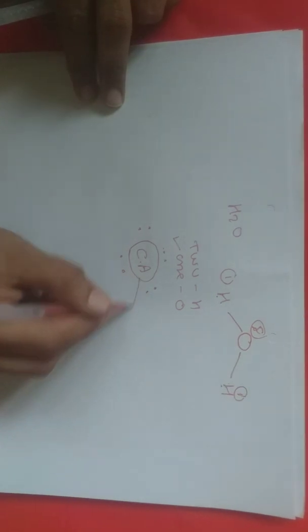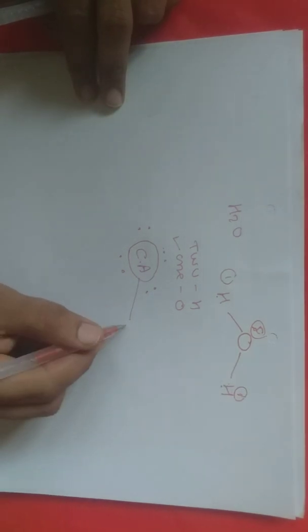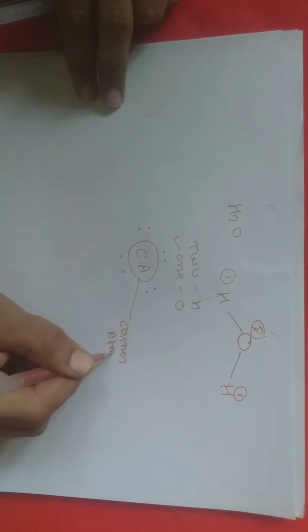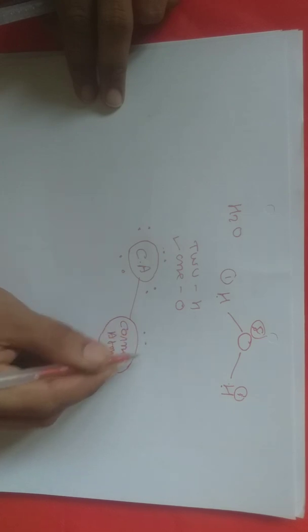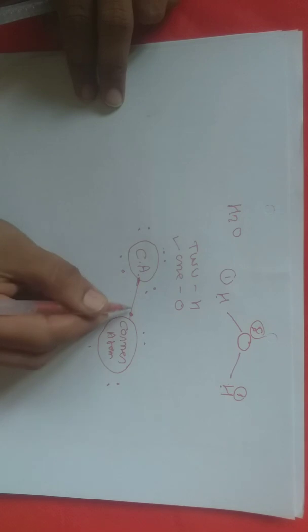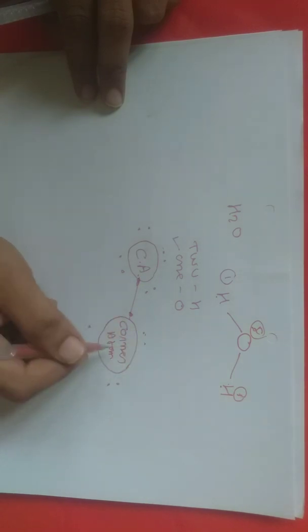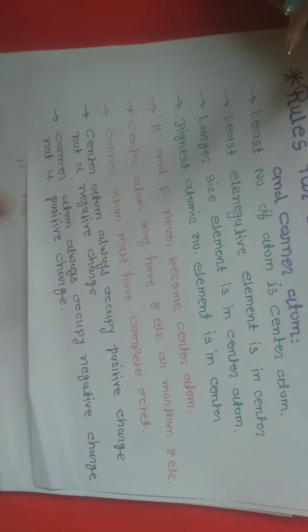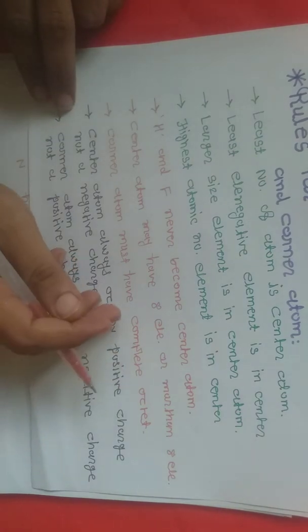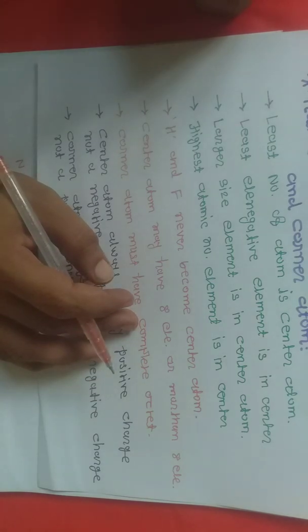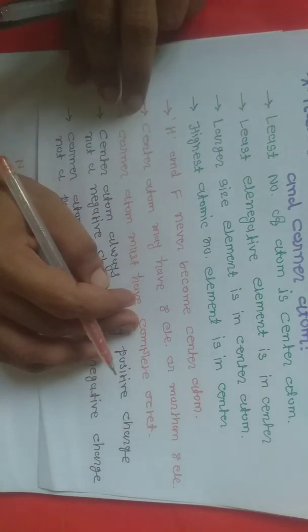But as far as the corner atom is concerned, the corner atom always has 8 electrons surrounding it. 2 electrons are used in the bonding and the remaining 6 are on it. So the center atom may have 8 or more than 8, but the corner atom must have a complete octet, meaning only 8 electrons. You cannot put 9 electrons around a corner atom, always maintain 8 electrons.